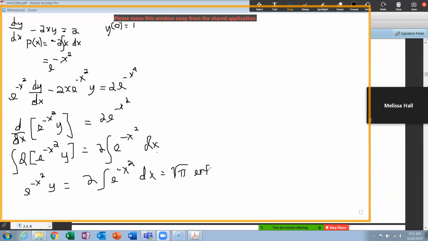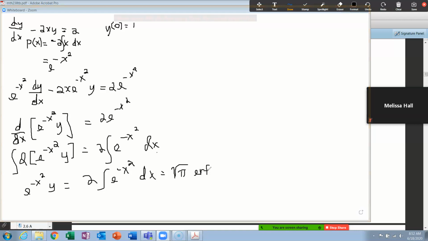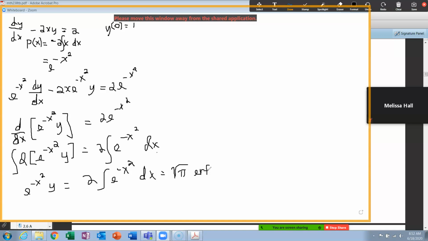Let me make sure I'm writing it the way they do. Well, actually, they leave it in integral form and they go on and put the limits on. So let's go back and do that.